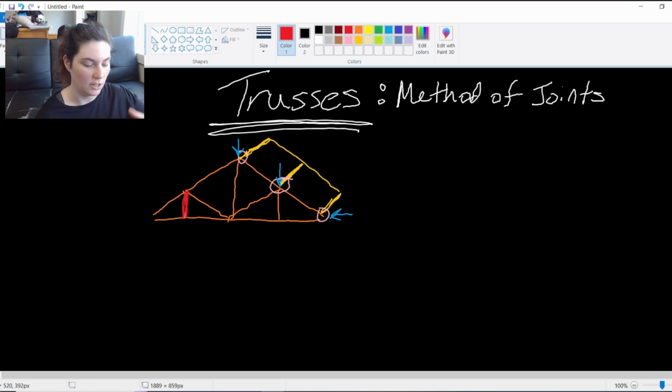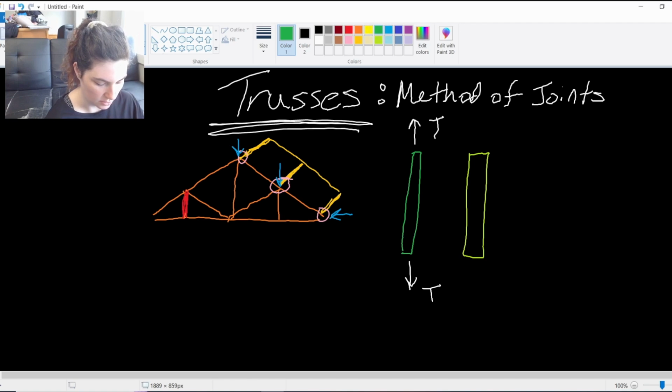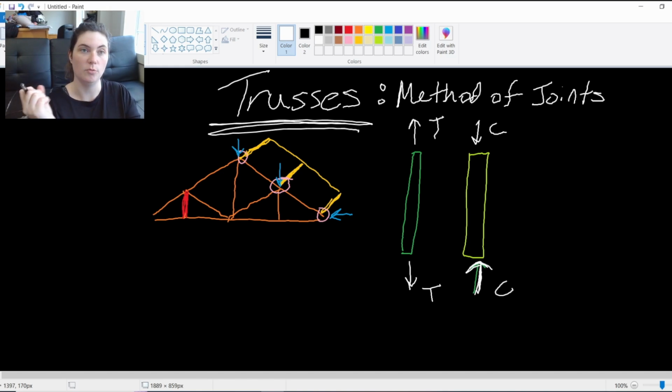What that means is that none of the loading is going to be applied along the members, and instead, each member is either going to be in tension or in compression. Either the forces are acting on the member compressing it, or it's in tension, with forces pulling on the member.